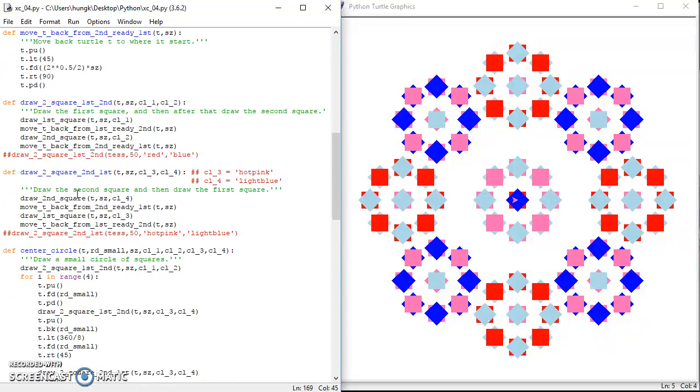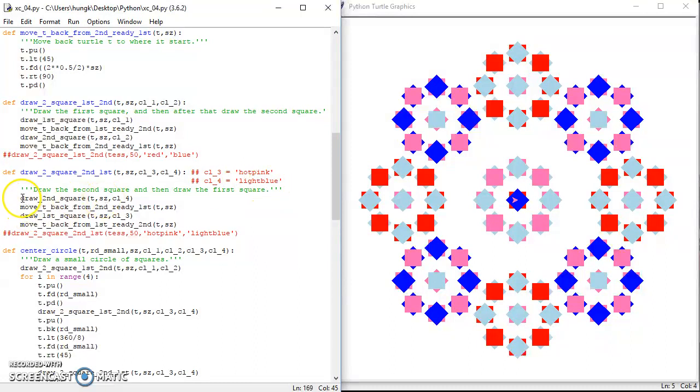Do the same thing with the second one, another one like this one right here. We get the second square on the bottom and the first square on the top. To remember, CL3 is equal to hot pink and CL4 is equal to light blue.